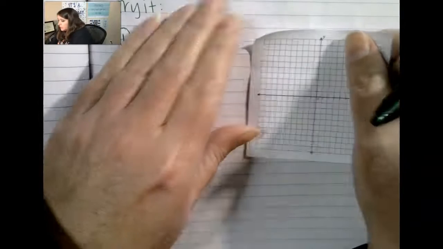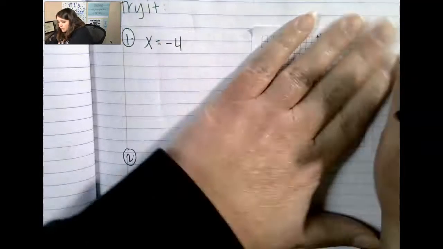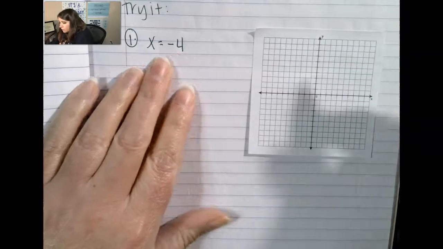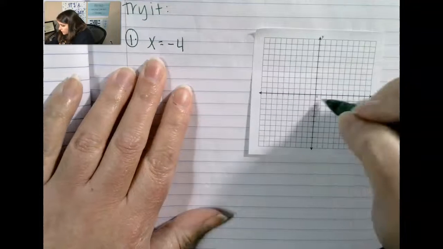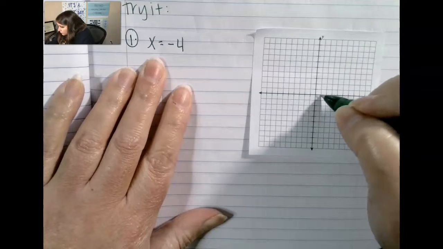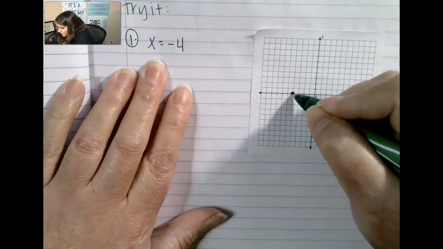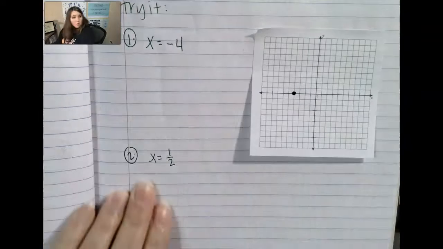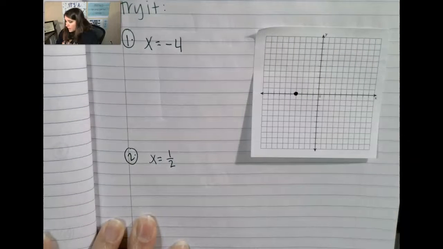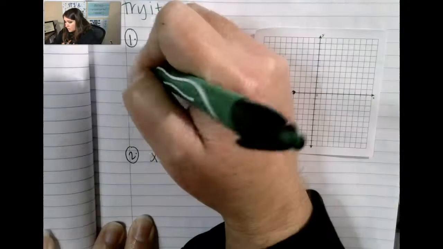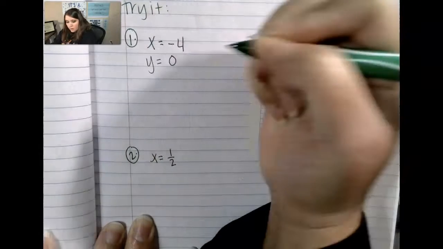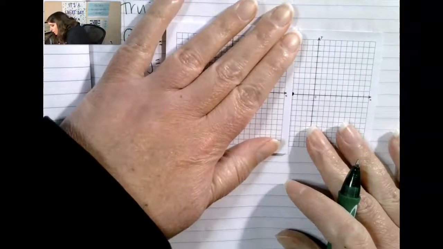All right, so my first one says that x is -4. So here's my x. I'm just going to do x is -4. 1, 2, 3, and 4. I'm on the negative side. I don't know what y is. Y could be anything. So I'm going to say y is 0, and I am going to draw a vertical line.